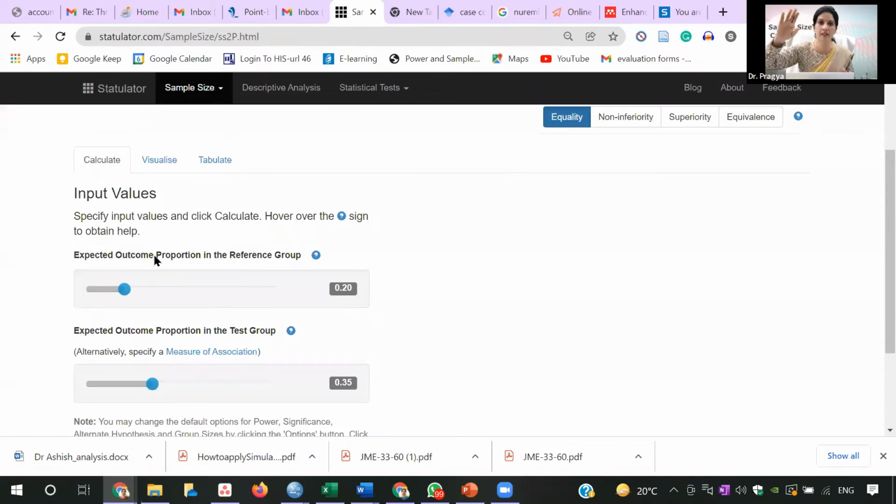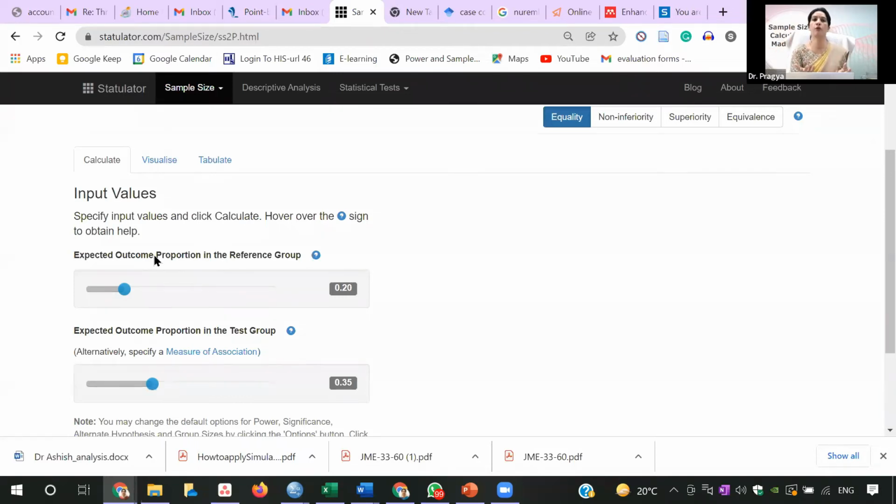Don't think in the context of exposure and outcome, because it is the expected outcome proportion in the reference group, and your reference group is the control group here. So the exposure is the outcome here.